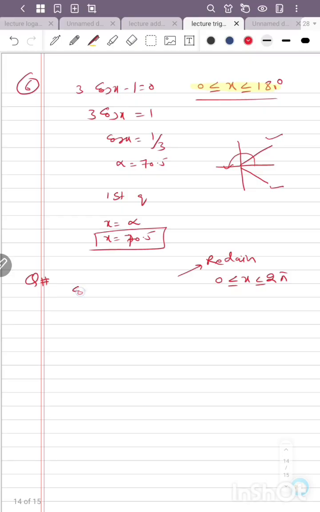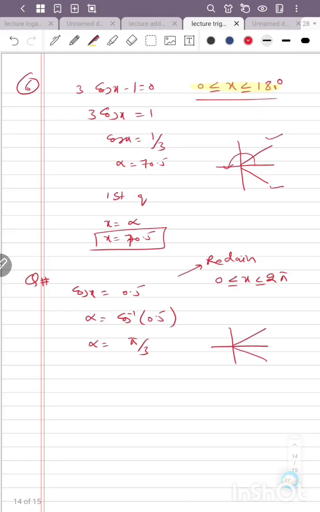Okay, cos of x equal to 0.5. So here alpha equal to cos inverse 0.5. You have to convert your calculator into radian mode. So alpha equal to pi by 3. Okay, now we know that cos is positive in first quadrant and fourth quadrant.